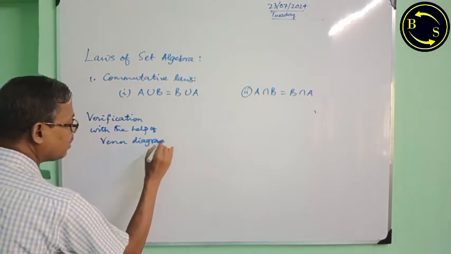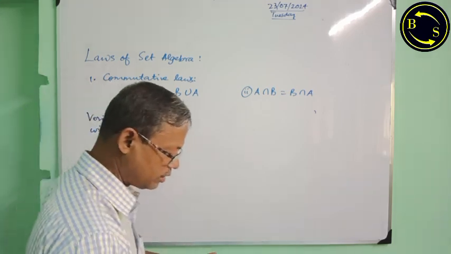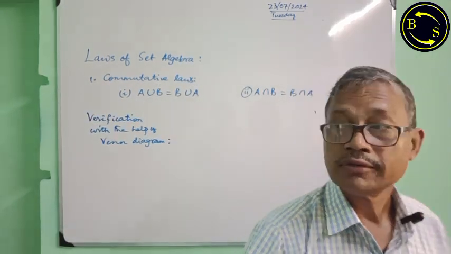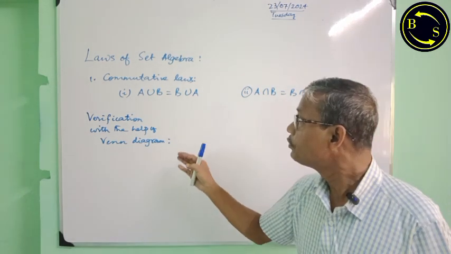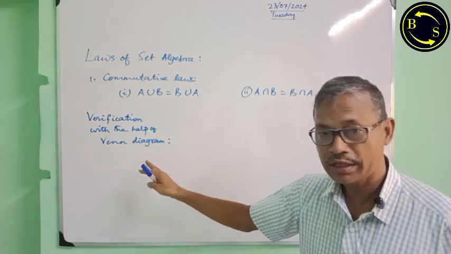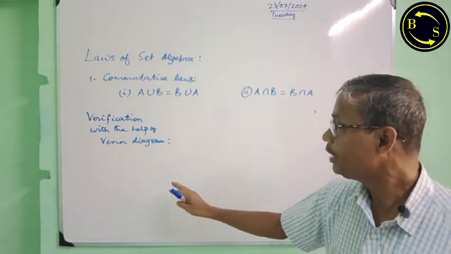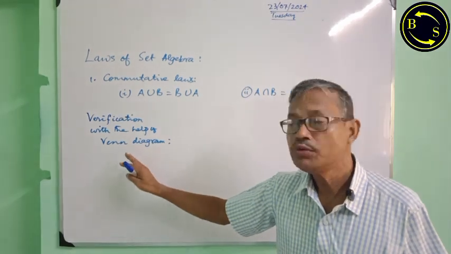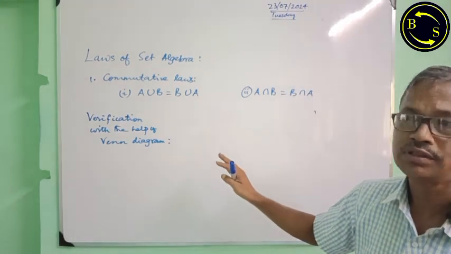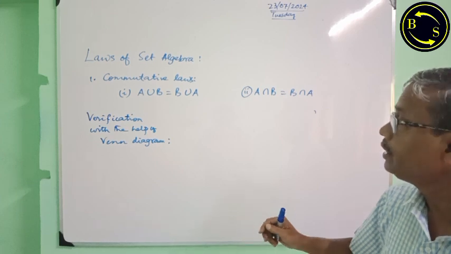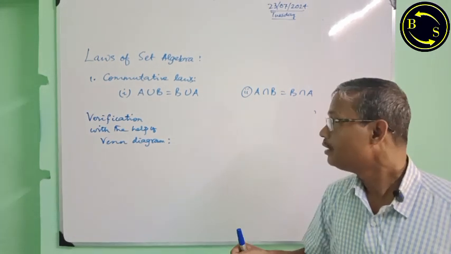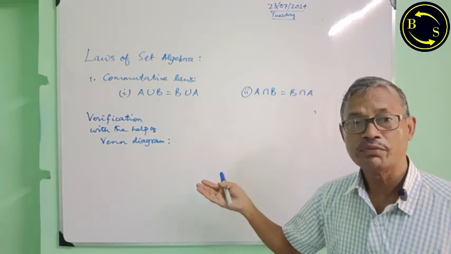Actually, for learners, some students think that we can prove with the help of Venn diagram, but not that. Venn diagrams are used for verification purpose. Remember this thing. When you will be asked to prove that, then you cannot use Venn diagrams.